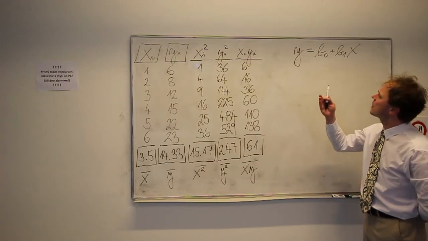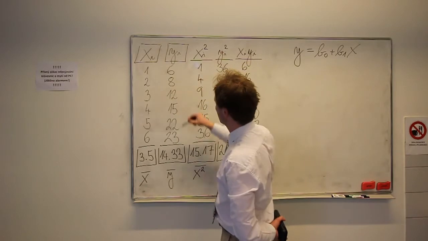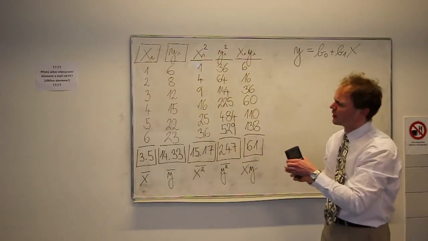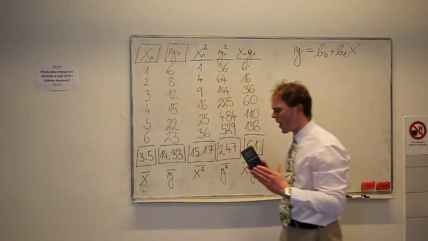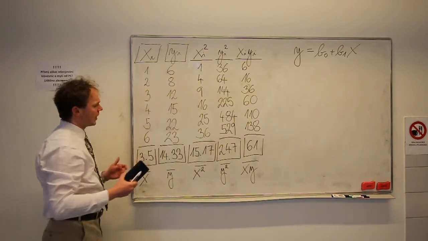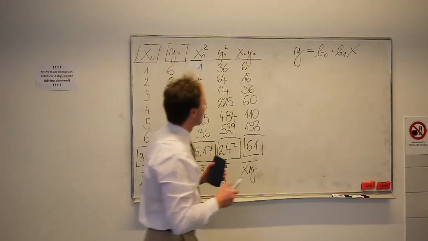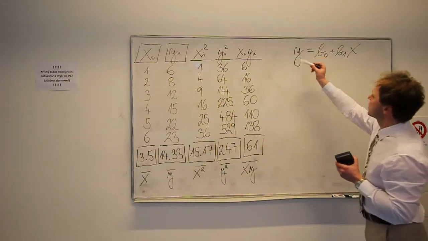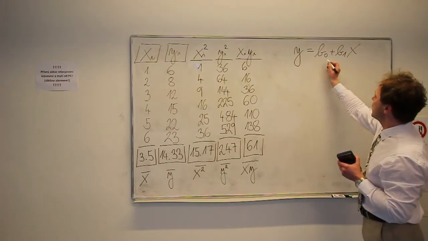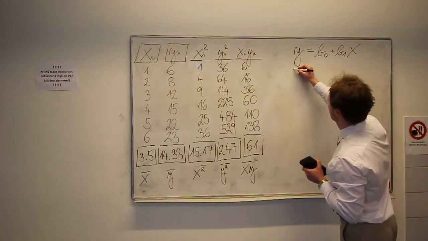which in our situation, in our case, is monthly expenditures. Yes, it was written that we would like to try to explain expenditures by number of members. Yes, so in our situation, this is the dependent variable. B0 is intercept and B1 is slope of the regression line.